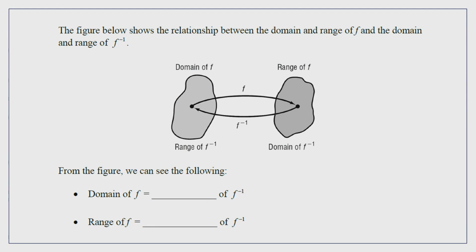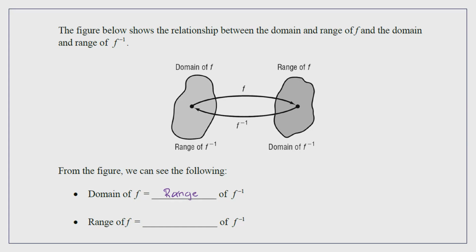Now the figure below shows the relationship between the domain and range of f and the domain and range of the inverse function of f. So from the figure, we can see the following. The domain of f equals the range of the inverse function of f.